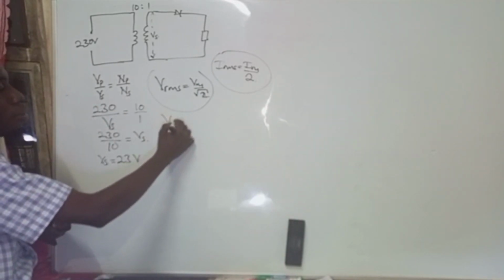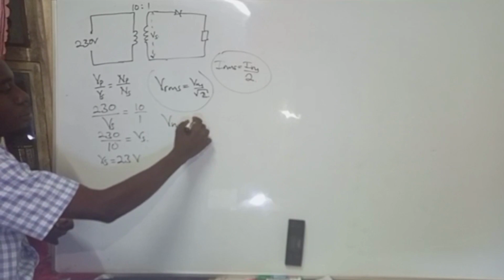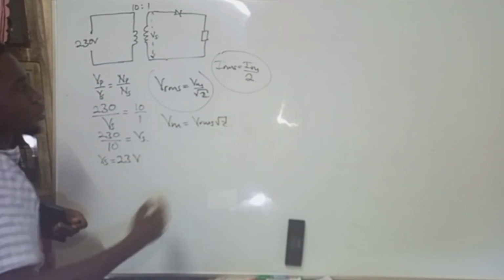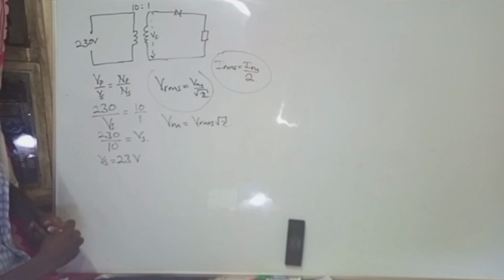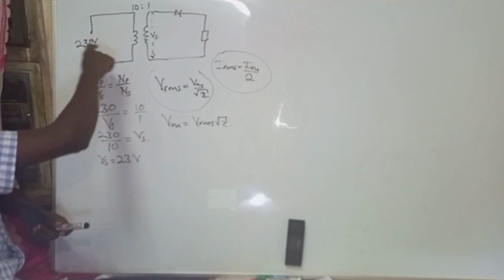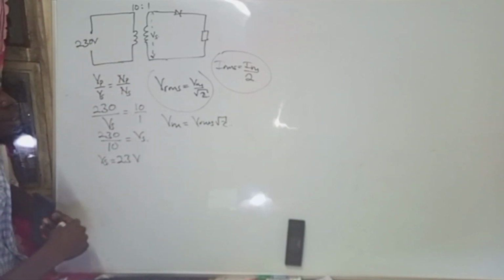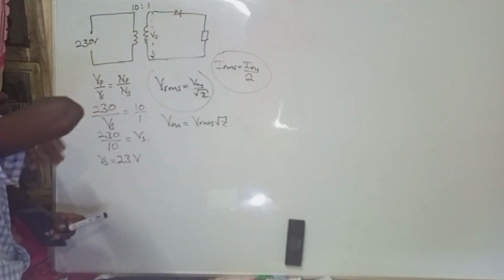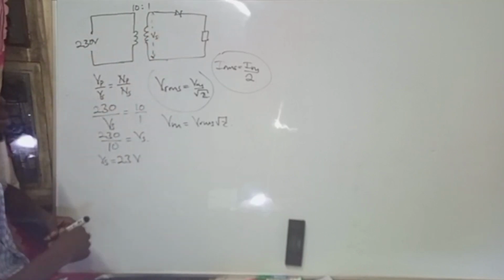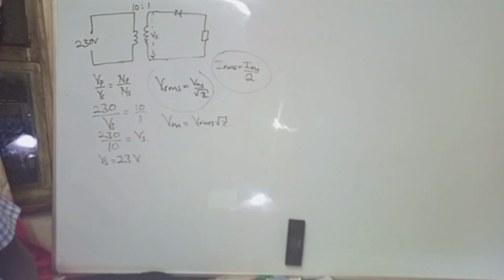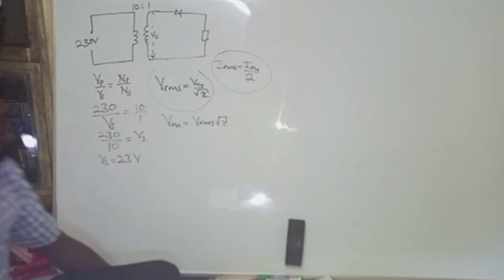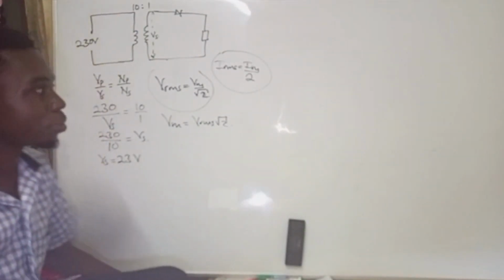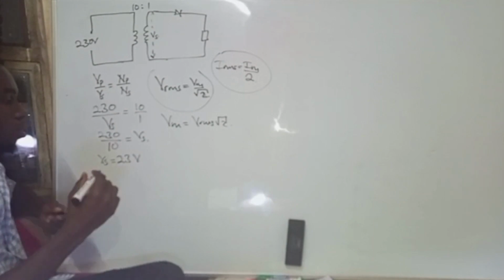So here our Vmax is going to be equal to VRMS times root 2. The reason I'm doing this is because our primary was also given as a VRMS, and this primary is independent of the secondary. If it was connected directly, maybe we would divide the way we have been dividing, but since it is being coupled across a transformer, that root 2 comes into play.